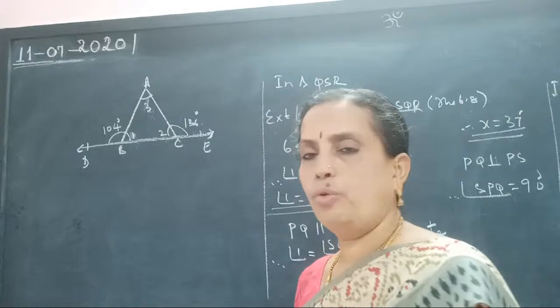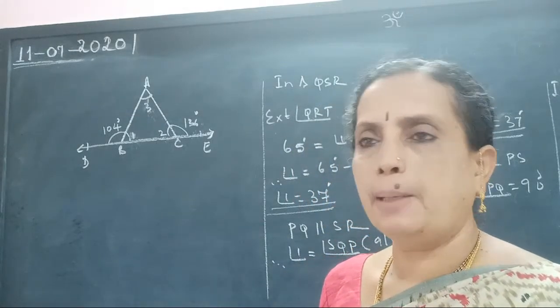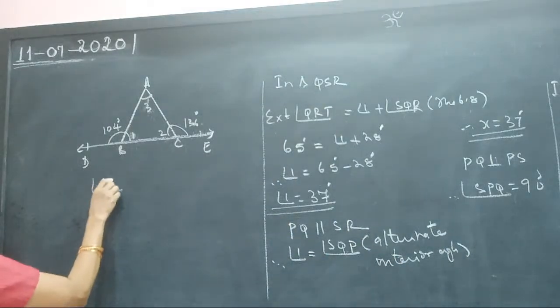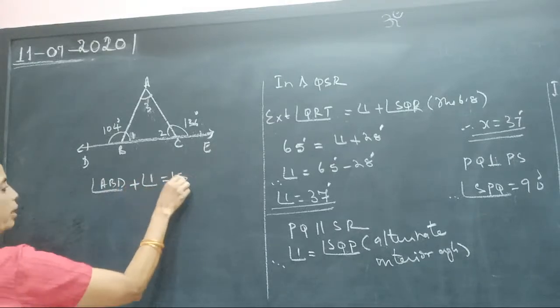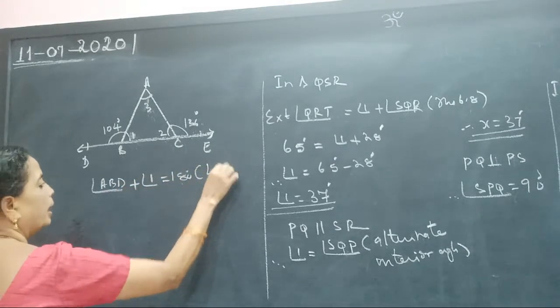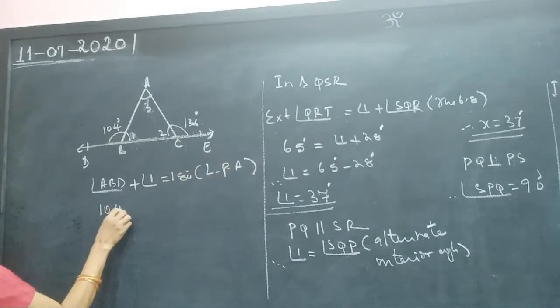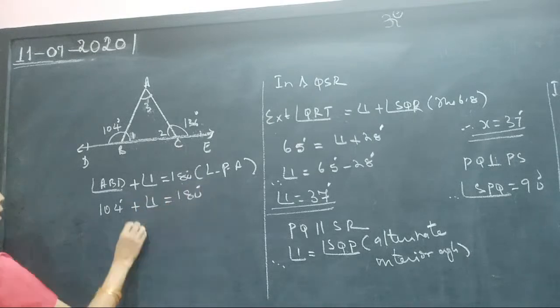I hope you know what property we should use. Linear pair angles: angle ABD plus angle 1 equals 180 degrees. 104 degrees plus angle 1 equals 180 degrees.